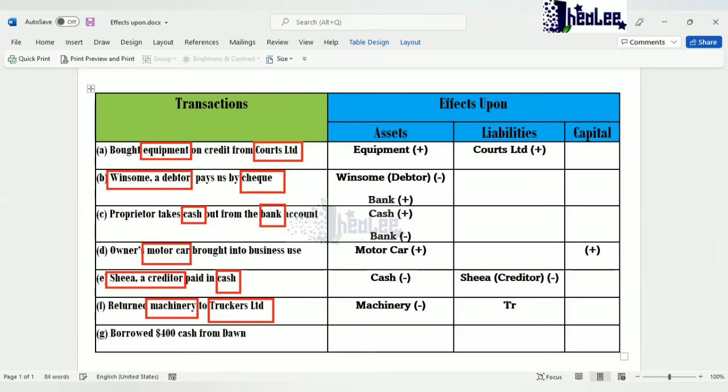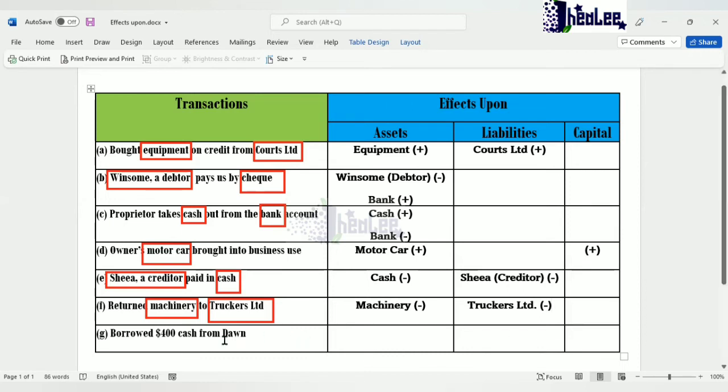So under liability, we are going to put Truckers Limited. Now, is there an increase or reduction in the value of what we're owing to Truckers? Because we're returning the machinery to Truckers, it means that we don't have to pay for that machinery. So therefore, there is a reduction in what we are now owing to Truckers Limited.